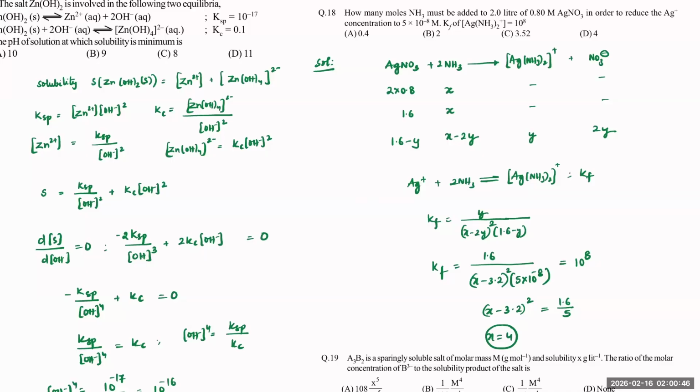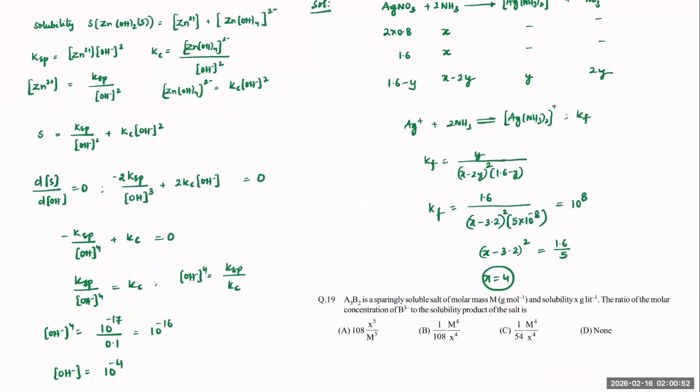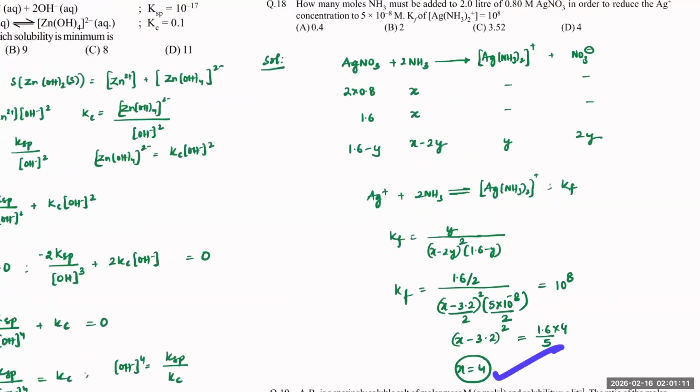Oh yeah, I need to multiply that with 2, we have to divide it by 2 as well, because that is the volume which we have. Forgot to mention the volume as well. So you have to write that in terms of volume as well. So this one should be by 2 by 2 by 2 here. So that 4 term will come in the numerator here. So that's how you can get x is equal to 4. Done. Please check.